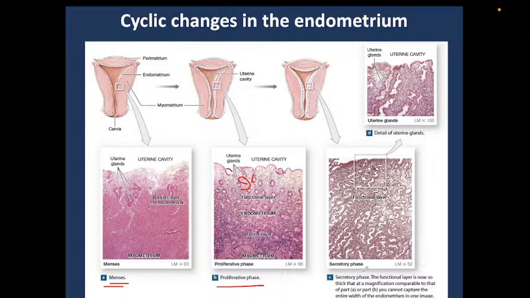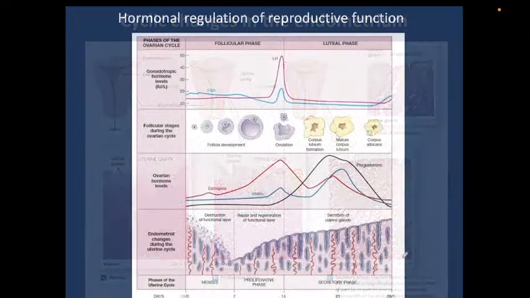into the peritoneal cavity. Usually it takes place around 14 days, and this is a period when women can get a baby, can become a mother.